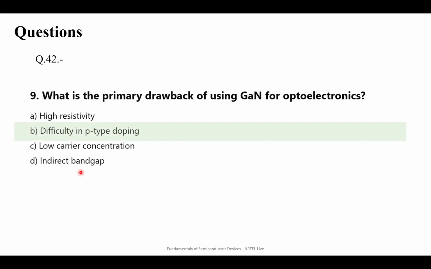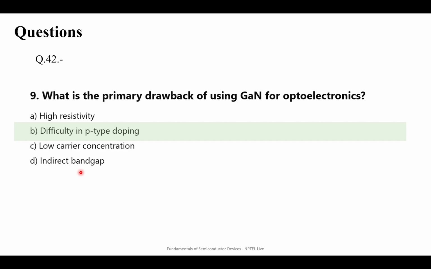So the answer here is difficulty in p-type doping. Sir, how, sir? Gallium nitride is not easy to dope p-type.